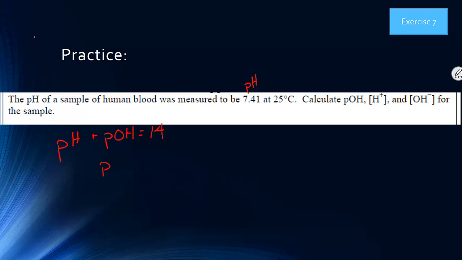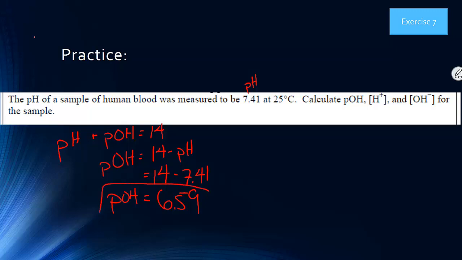So if I want the pOH, I can do 14 minus the pH, which would be 14 minus 7.41, to give me the pOH of blood, which is 6.59. pH and pOH are naked numbers, so we don't have units, so this is our answer for this first one, now that we have the pOH.